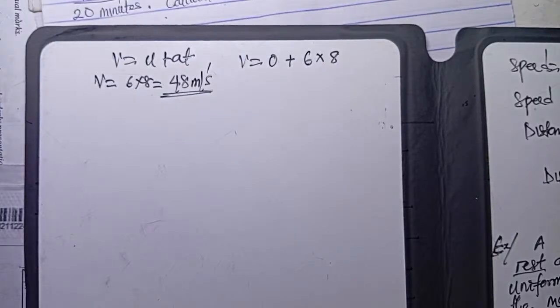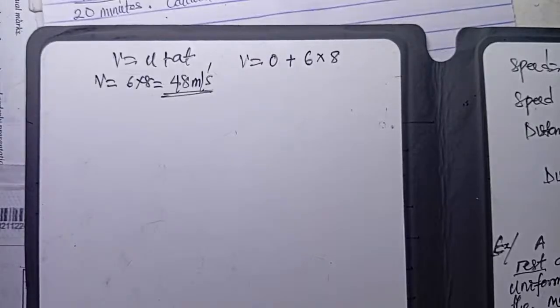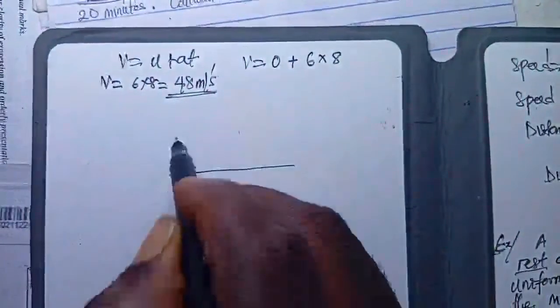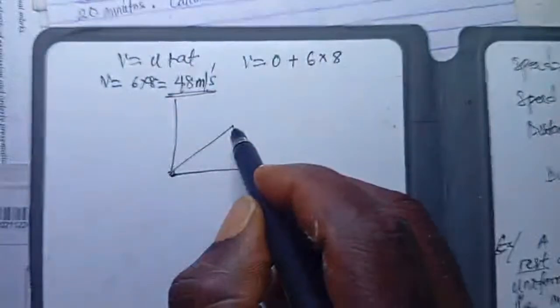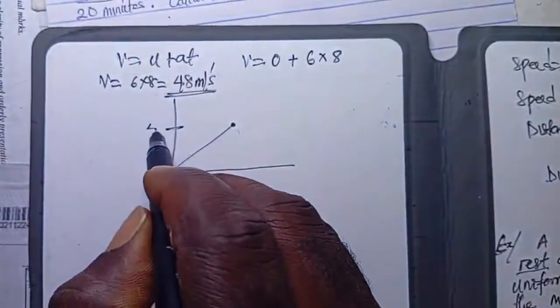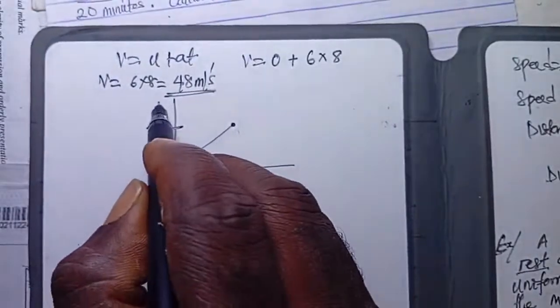Now, the question continues to say that since it decelerates uniformly, the moment it starts, let me draw the graph for you. Make sure you draw it. We have a velocity time graph like this. It moves like this. So this is 48, this is velocity.